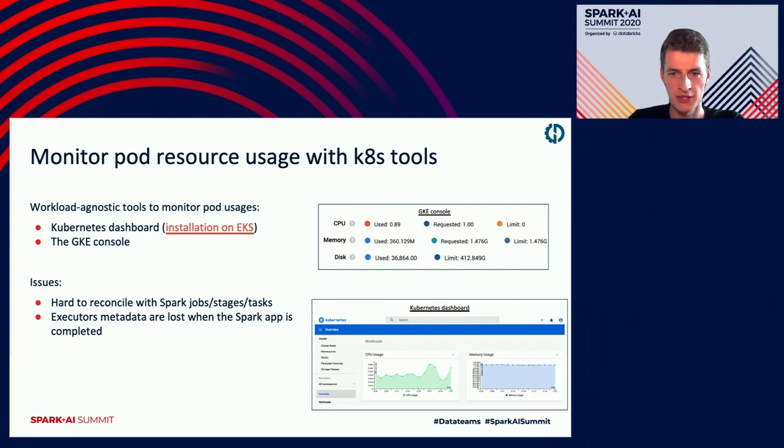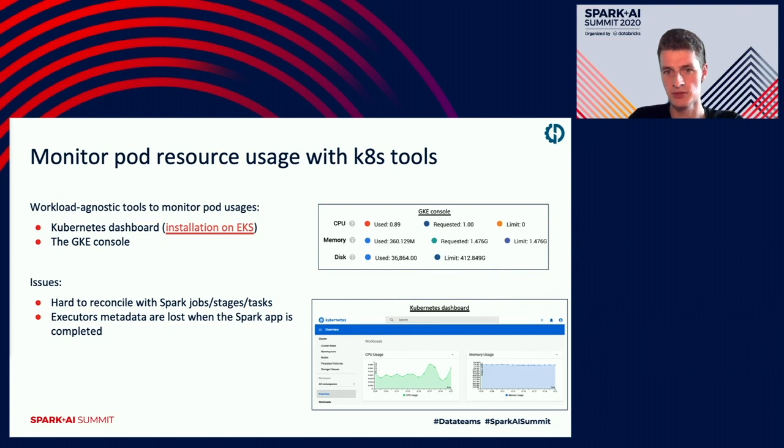The first type of monitoring to set up is pod resource usage monitoring. The Kubernetes dashboard is an open source project that you can install and that reports CPU, memory, and disk usage in a web UI. The GKE console, if you're on GCP, provides pod resource usage as well.